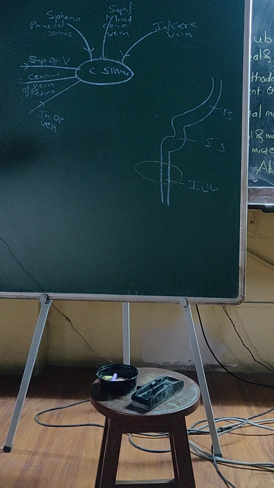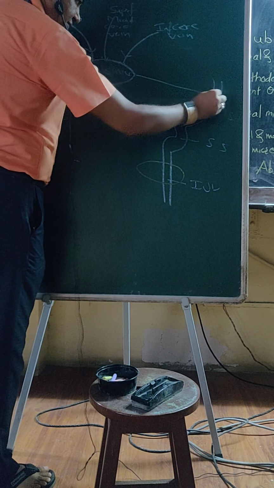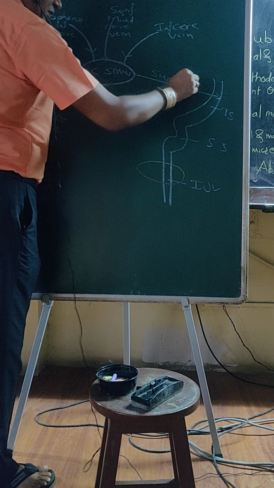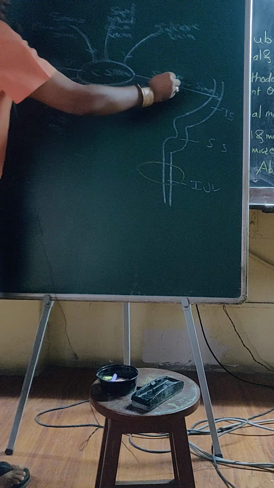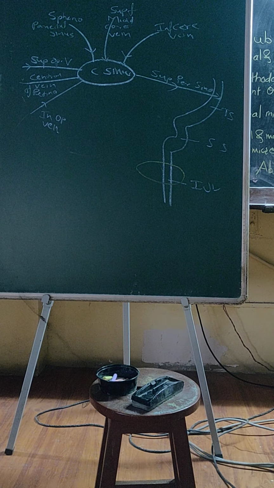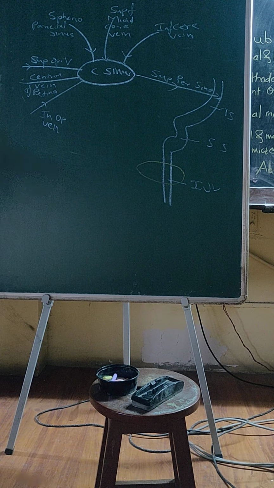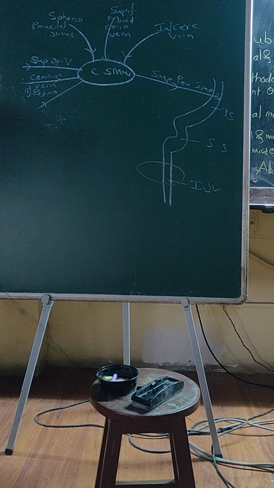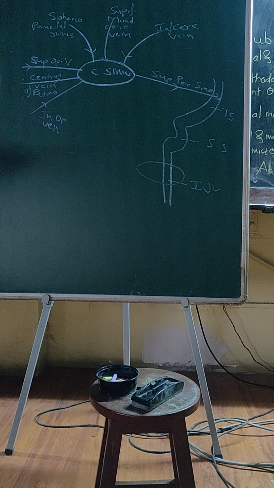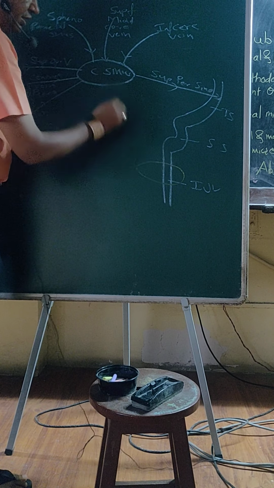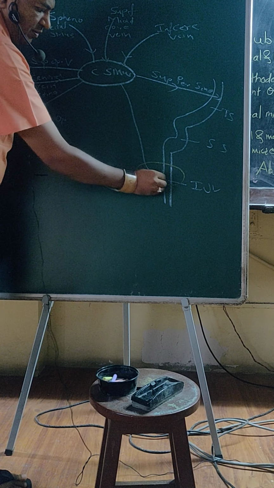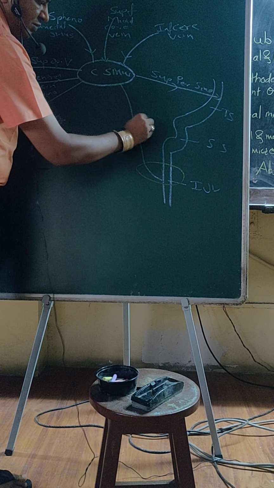So it drains into transverse sinus via superior petrosal sinus. These are the draining sinuses. It drains into internal jugular vein via inferior petrosal sinus.